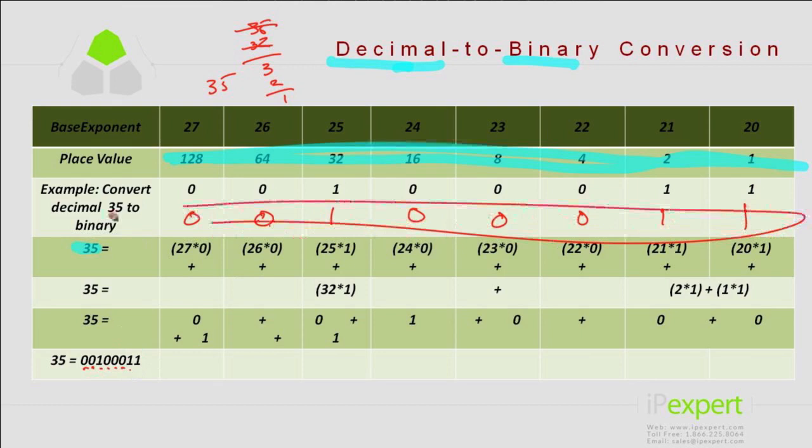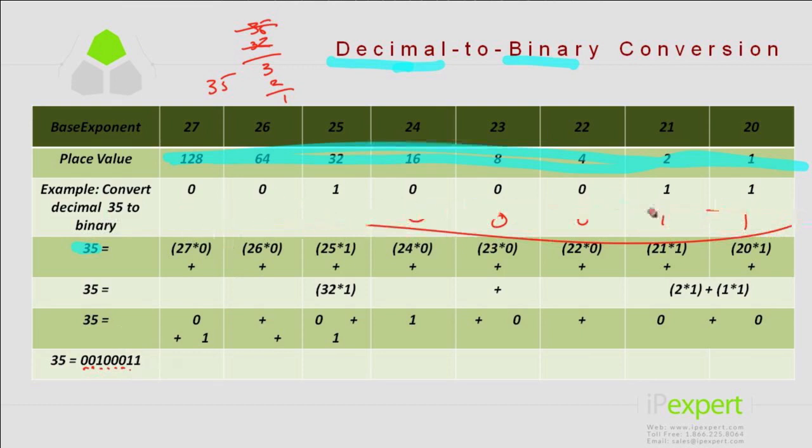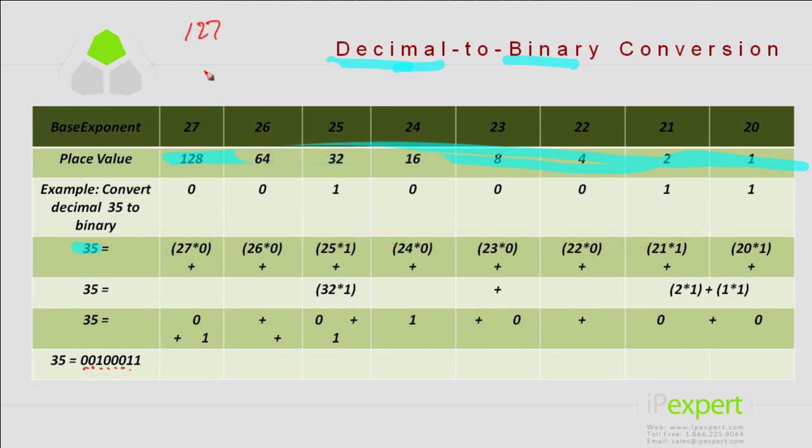Let's do another one. Let's just pick one that's not on the chart. Let's say that I want to do 127. Can I subtract 128 from 127? No. Can I subtract 64 from 127? Yes.